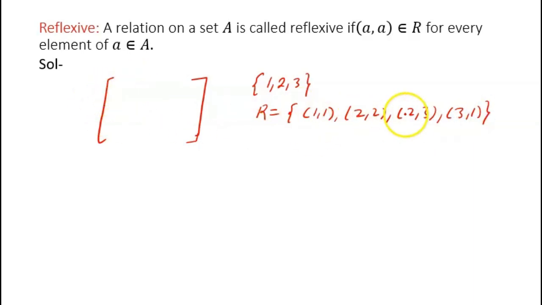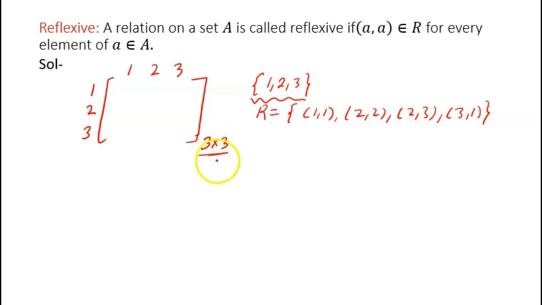Now to represent this relation through a matrix, first of all we need to note that there are 3 elements. So there will be 3 rows and 3 columns in this matrix. So the matrix representation of a relation defined on a set with 3 elements will be a 3 cross 3 matrix. This is the first observation.